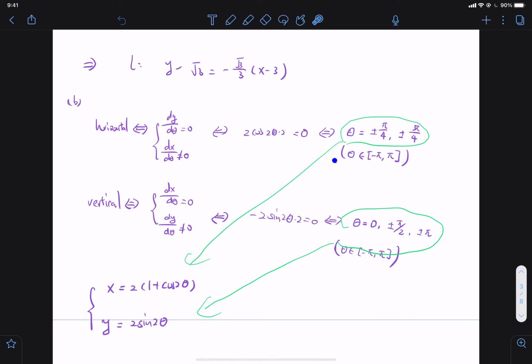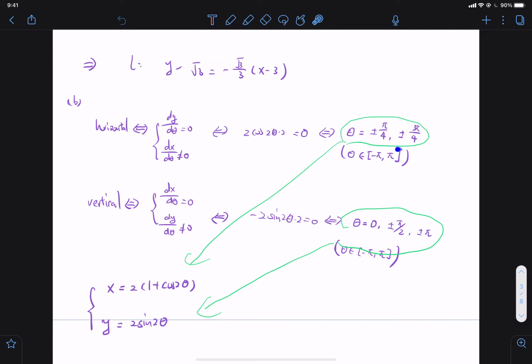If you choose the period theta from 0 to pi, then the answer here will be different. Instead of having pi over 4 positive and negative and then 3 pi over 4 positive and negative, you're going to have pi over 4, 3 pi over 4, and then 5 pi over 4 and 7 pi over 4. So it actually depends on the range of theta you chose here.